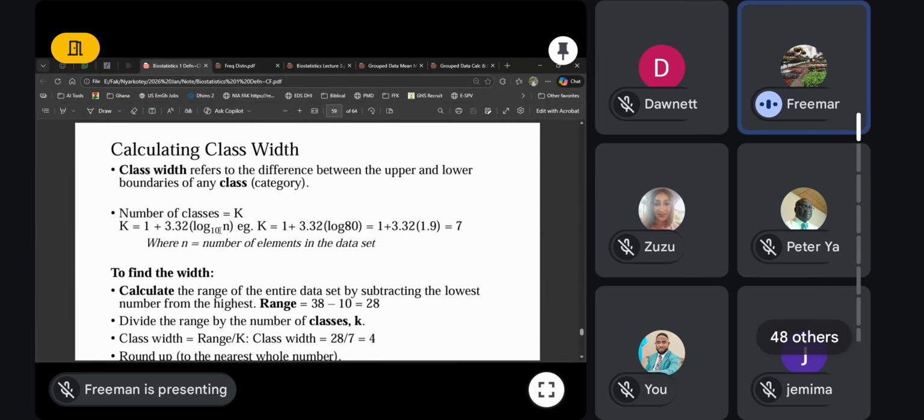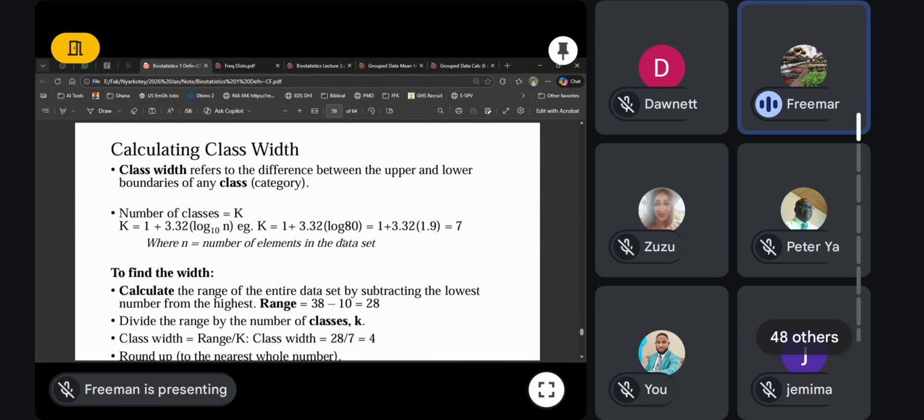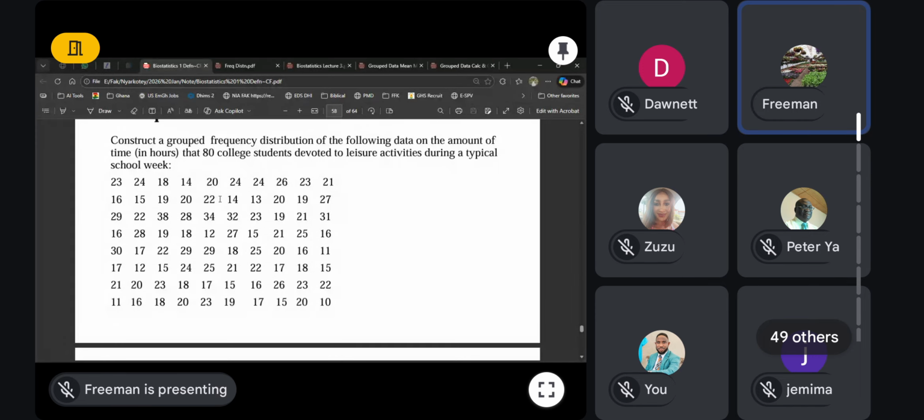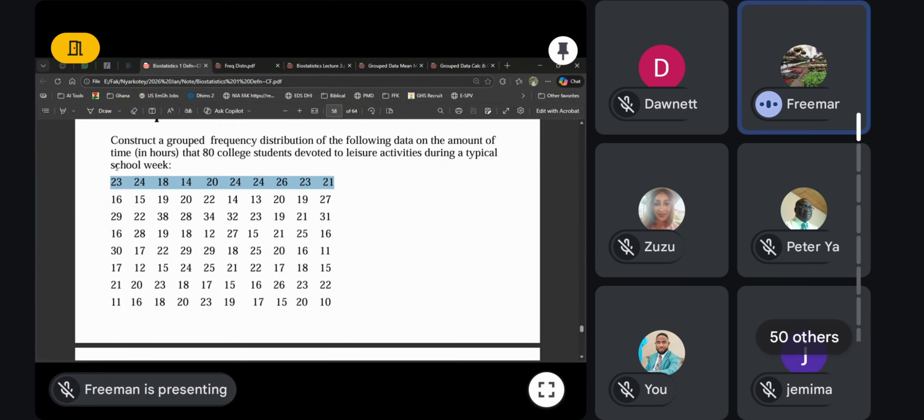So what is n? N is the total number of elements in the data set. So when you look at the data above, we have 10 columns times 8 rows. So there are 10 data elements, 8 times 10 data elements here.